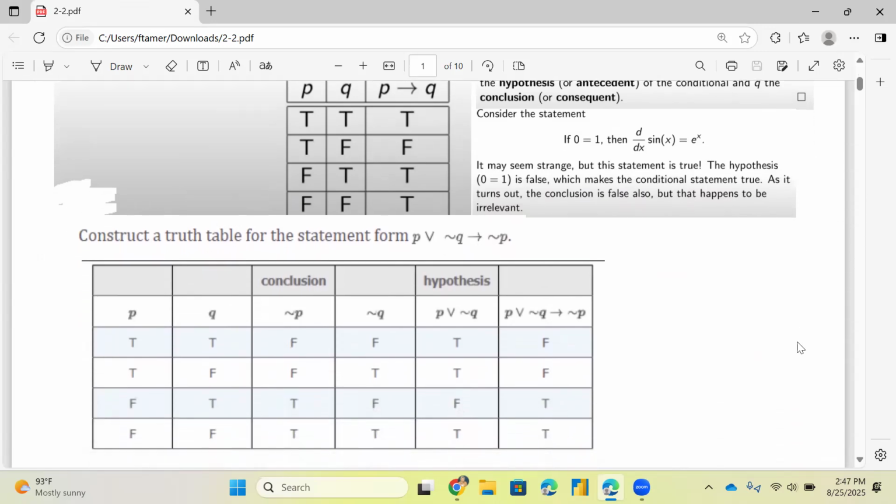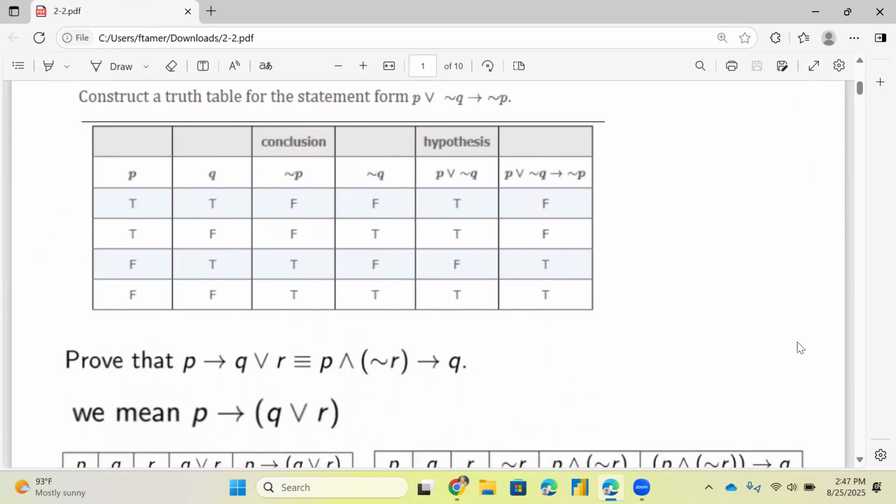So if we look at the truth table for the statement, P or not Q, then not P. Let's look at the truth table for this statement.